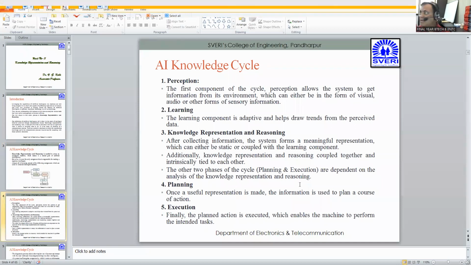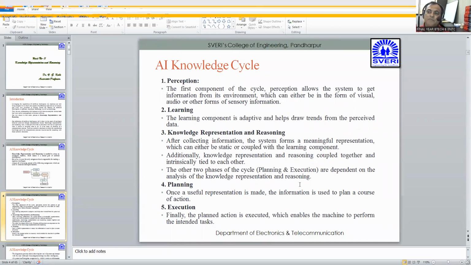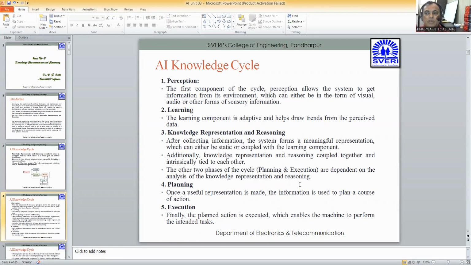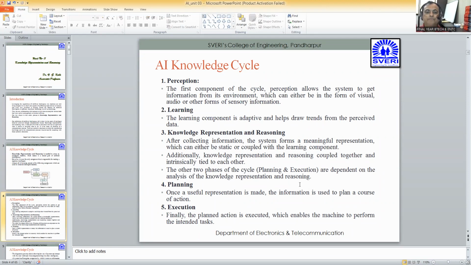We have already seen these things, perception, as far as unit number 1 is concerned, where we were getting the inputs from the environment. So it is nothing but the system to get information from its environment, which could be in the form of visuals, audios, or other forms of sensory information. The sensors are taking the information from the environment. So the perception is done, which means the information is taken now.